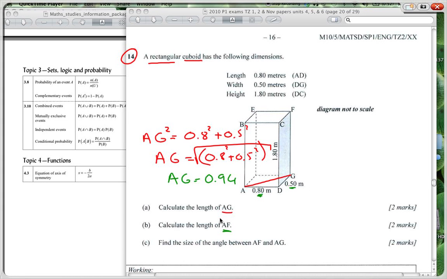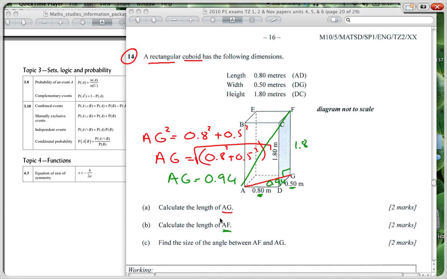Calculate the length of AF. So now we are looking at this over here. Again, this line over here is going to make 90 degrees there. So we know that this is 1.8, and we've just worked out this is equal to 0.94.